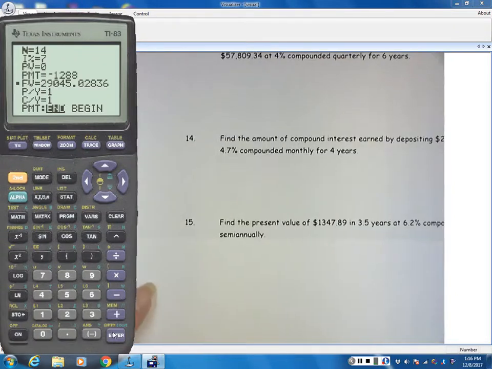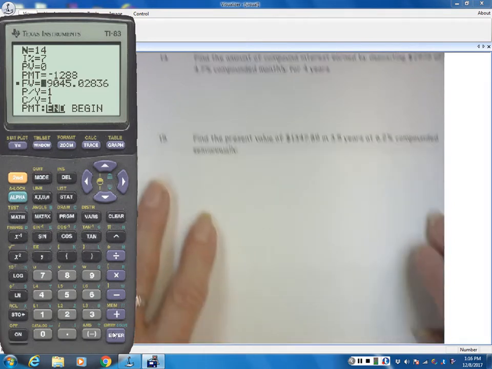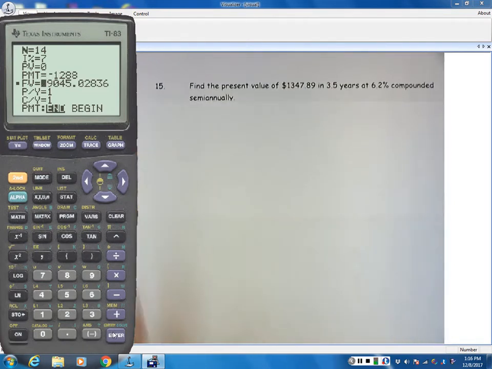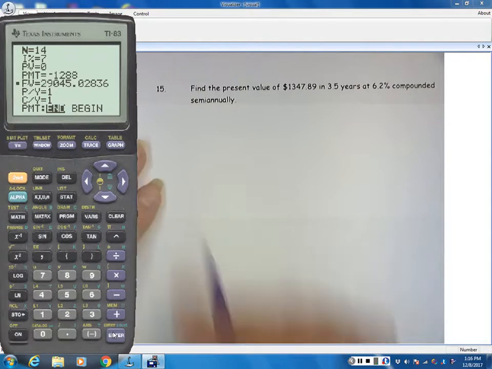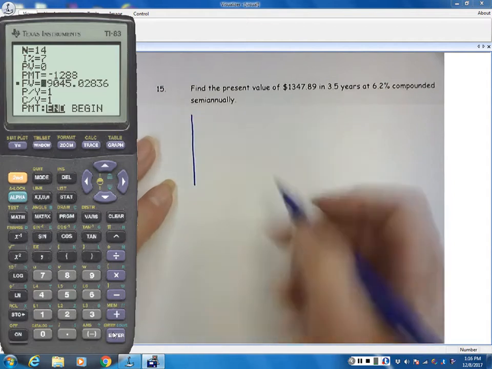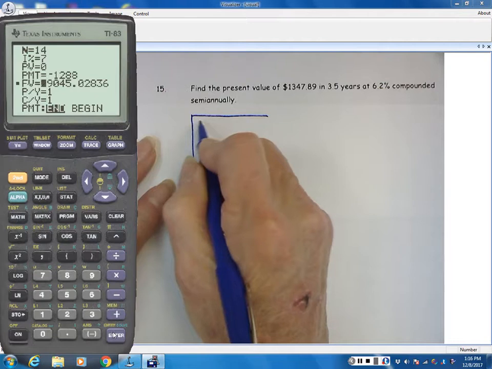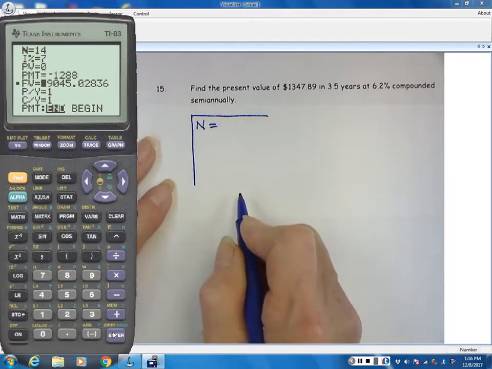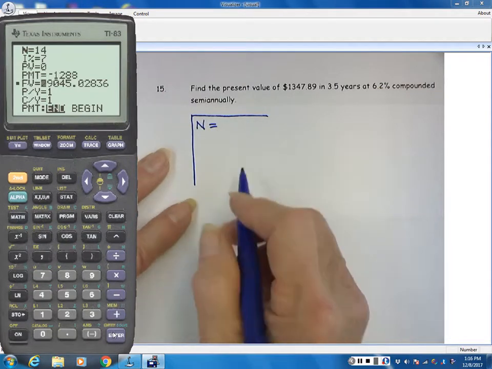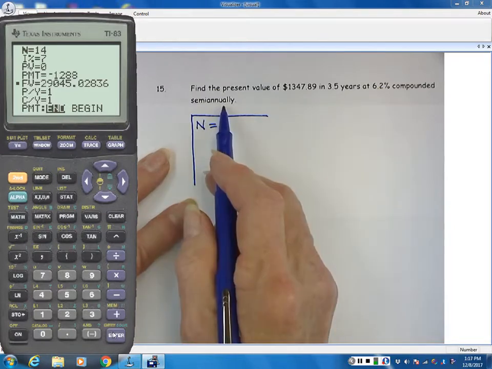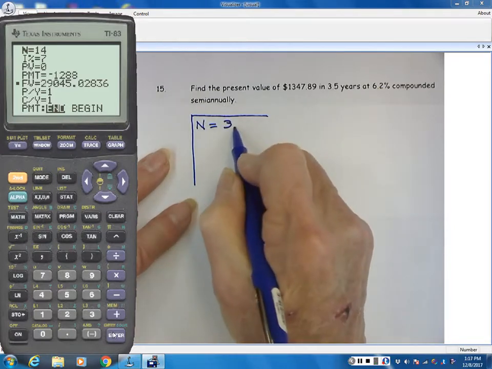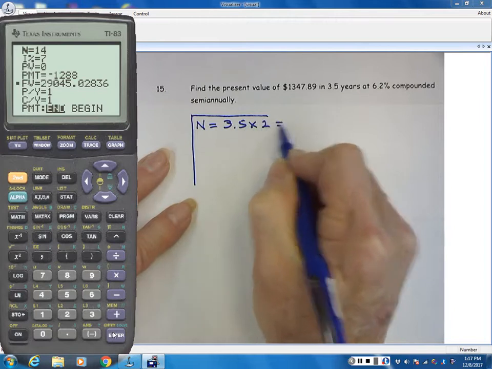Okay. Number 15 says find the present value of $1347.89 in 3.5 years at 6.2% compounded semi-annually. So the compounded semi-annually is twice a year for 3.5 years, so that's going to be 7.